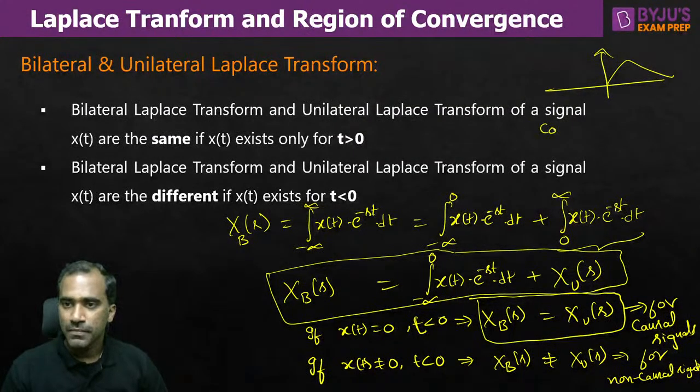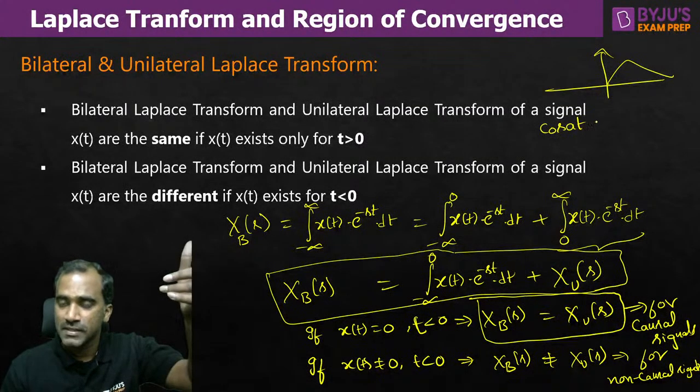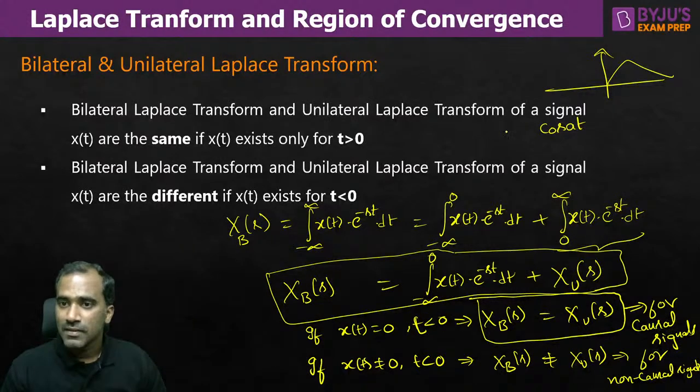For example, whatever formula you learn for cos 80 in mathematics is the same as the unilateral Laplace transform of cos 80. And whatever Laplace transform formula you learn in signals and systems, which is the bilateral Laplace transform, is not for the same signal; it is for cos 80 into u of t.